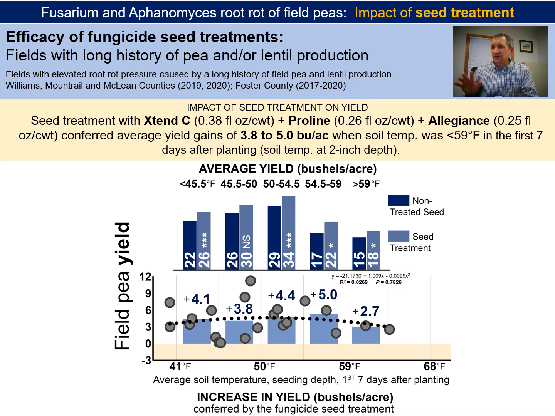The seed treatment can give you excellent efficacy against the Pythium and Rhizoctonia that you might see planting that early, but it's not going to do enough against the Fusarium, and it's not going to do anything against the Aphanomyces. And so you really need to plant when it's cool and give the peas a running start, okay? Because planting later, the seed treatment can't make up for that delayed planting.